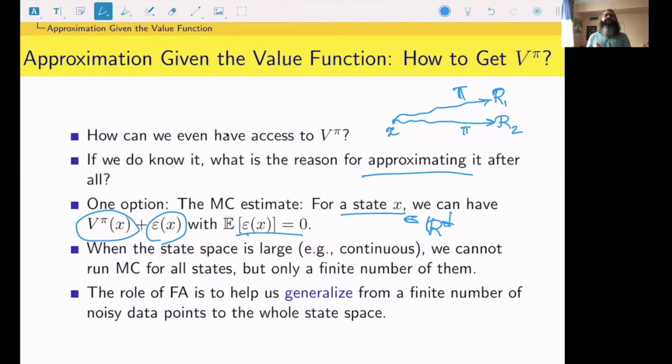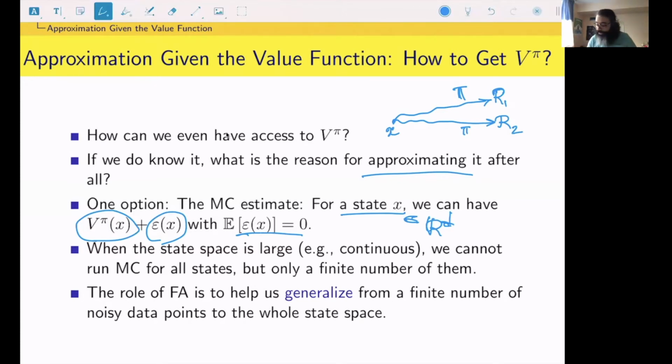Just as a reminder, in the previous lecture, when we talked about doing policy iteration with Monte Carlo estimation, we went over all states, if you recall, in one of the methods, and computed this Monte Carlo estimate for all states. This is not possible in continuous state spaces.